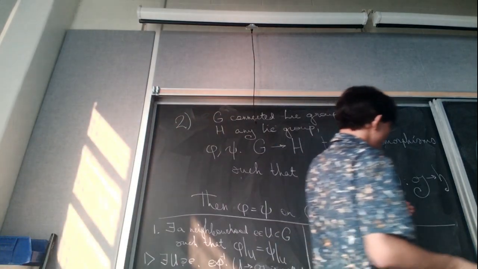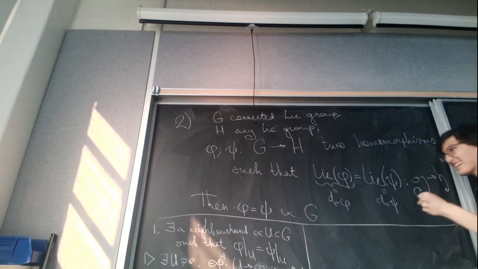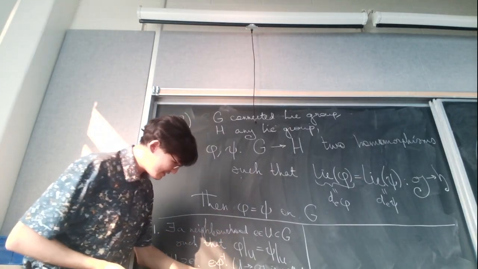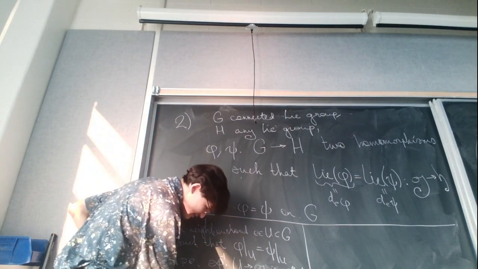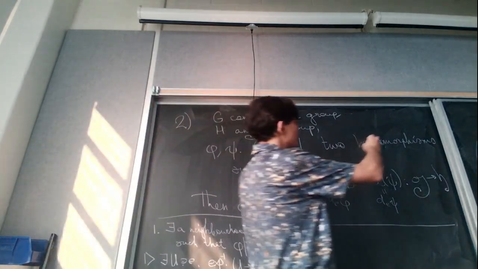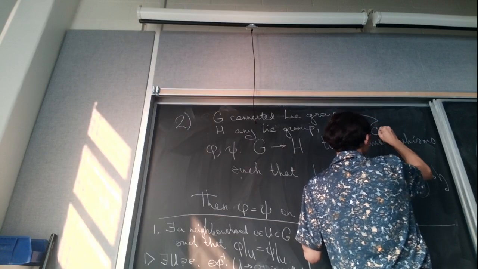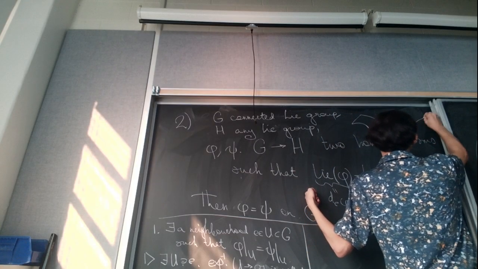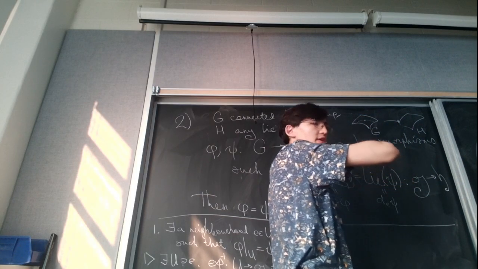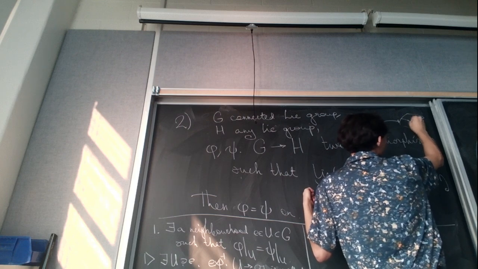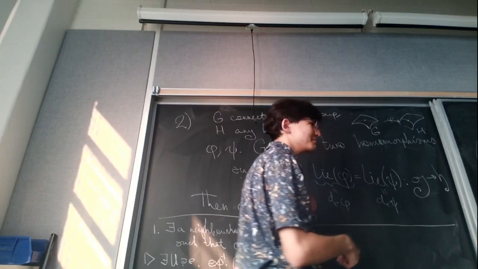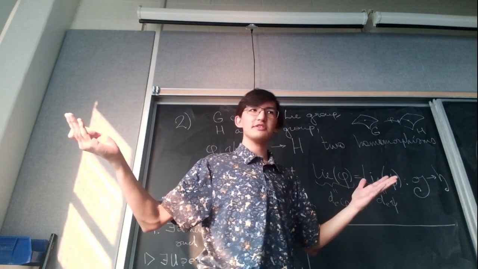This holds because the exponential map gives you a one parameter subgroup in G, and it must map under the homomorphism φ to a one parameter subgroup in H, because a composition of two homomorphisms is a homomorphism.